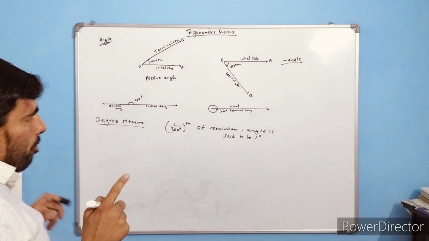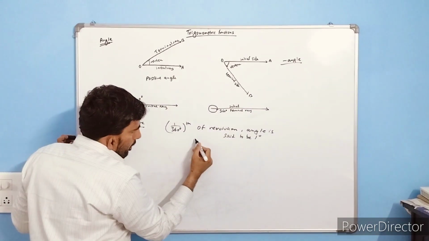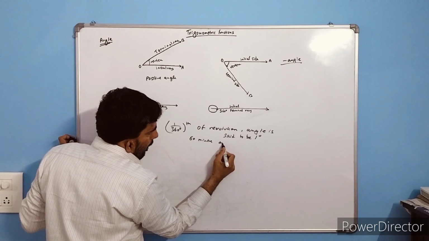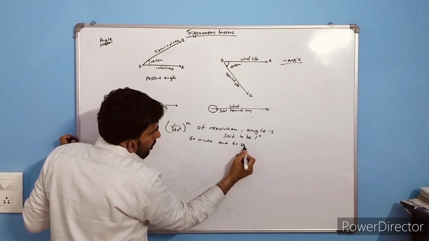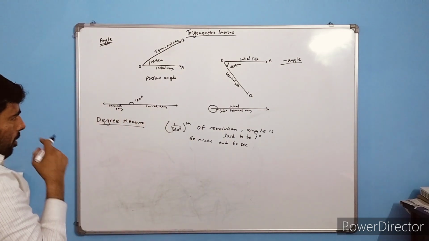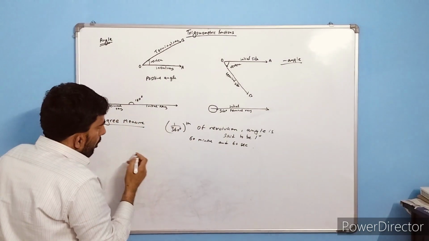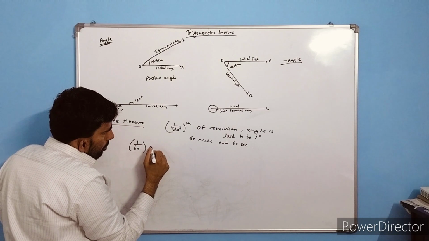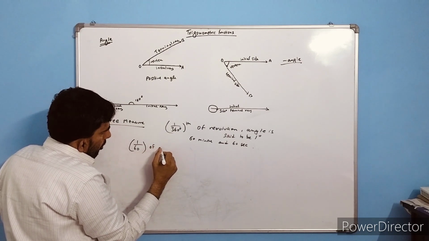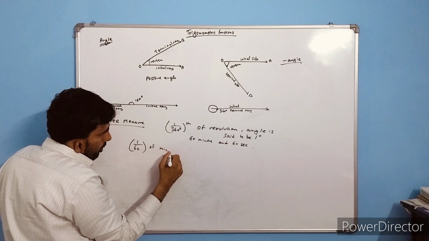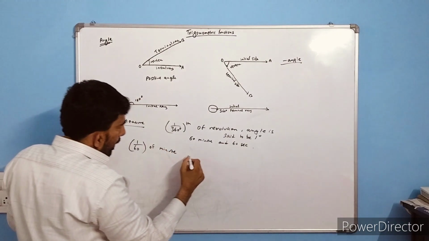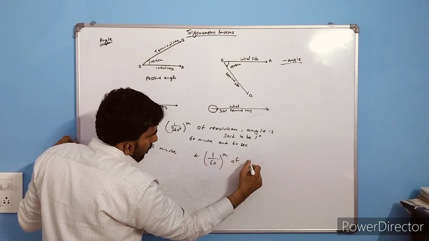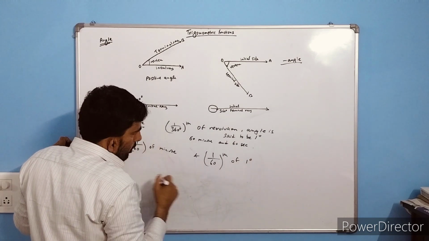Now 1 degree is divided into minutes and seconds, 60 minutes and 60 seconds. How? 1 degree is divided into 1/60th of a minute, and 1/60th of a minute is a second.